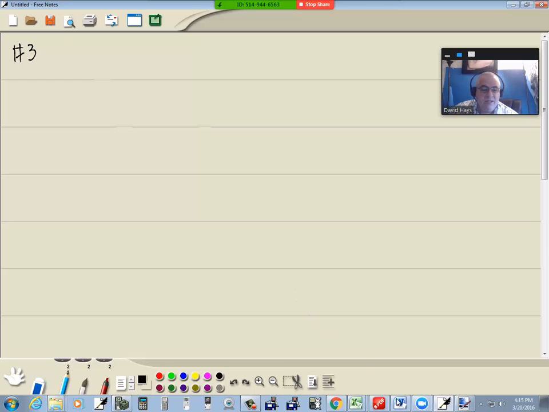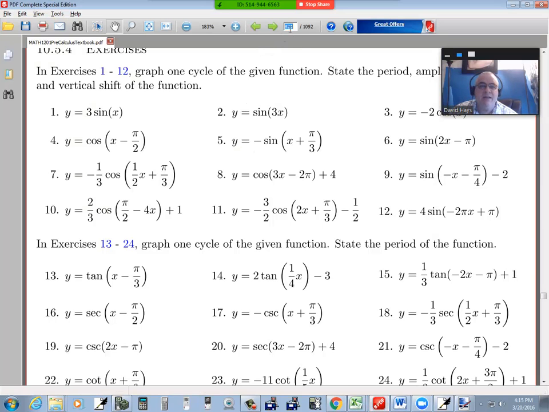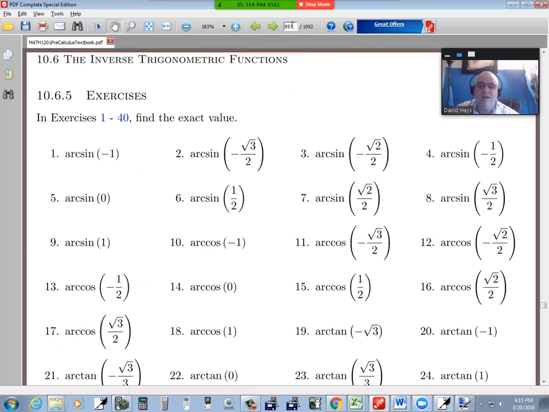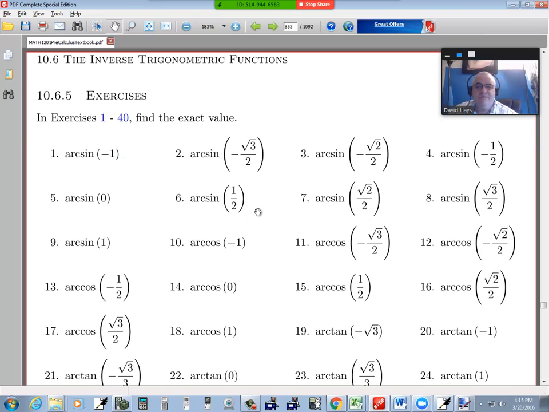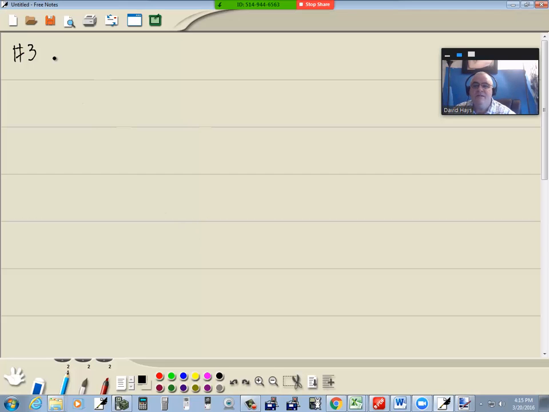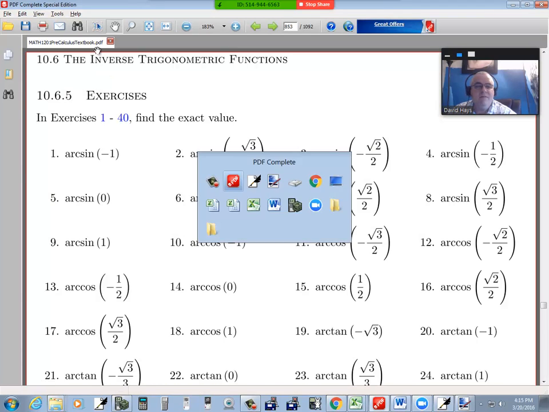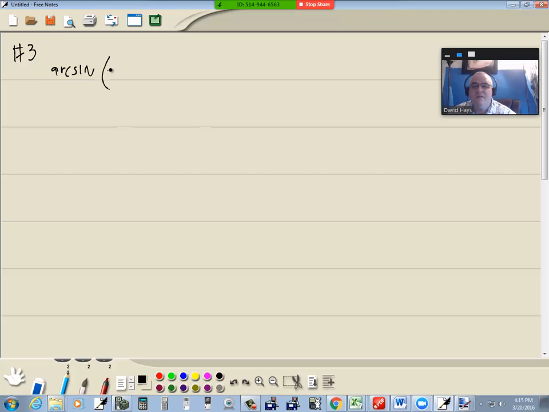So 10.6 is on page 853. Okay, and we're going to look at number 3. This says arc sine of negative square root of 2 over 2.